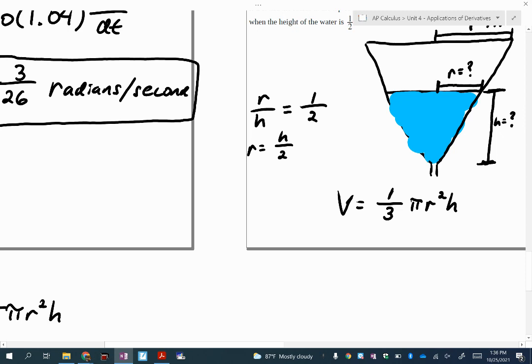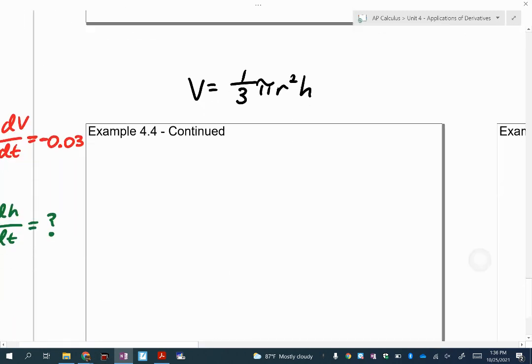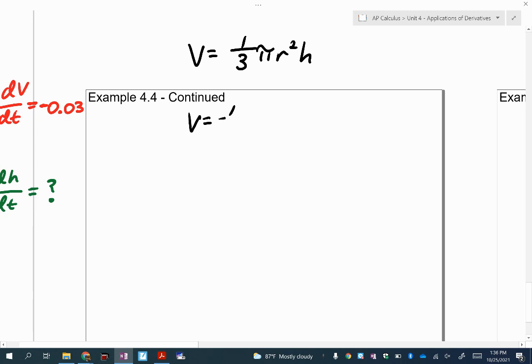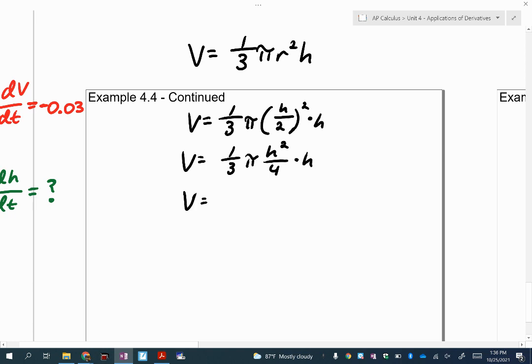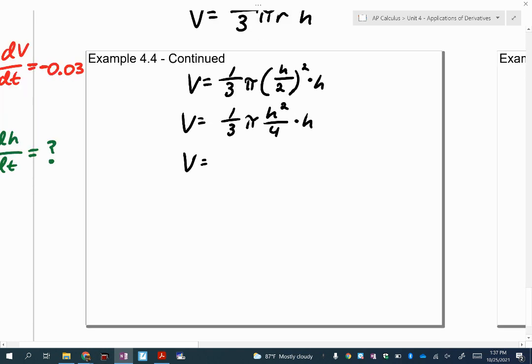So if I use this new understanding and replace r in my equation, I'll have 1/3 pi times h over 2 squared times h. Keep doing the algebra. I get 1/3 pi, and that's going to be h squared over 4 times h. So clean this up, and I'll keep it as a fraction here, so you get 1/12 pi times h cubed.